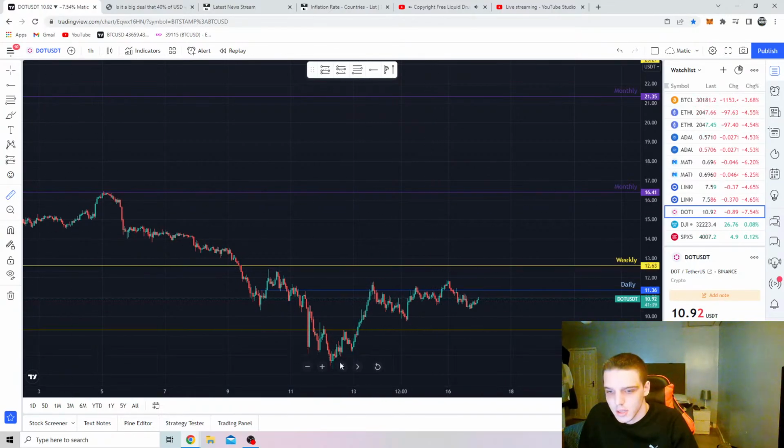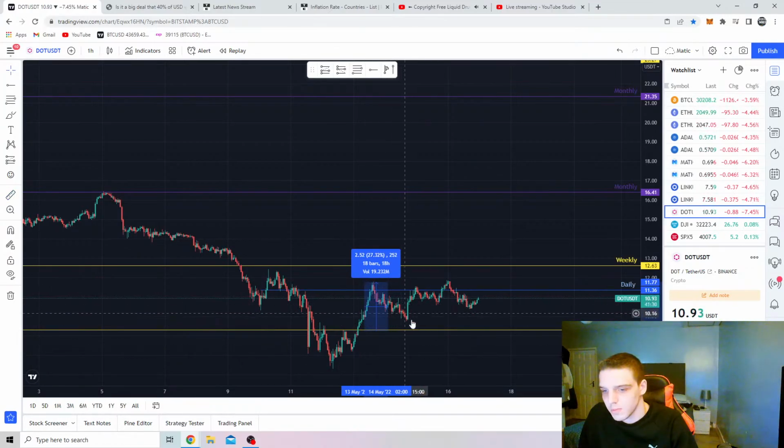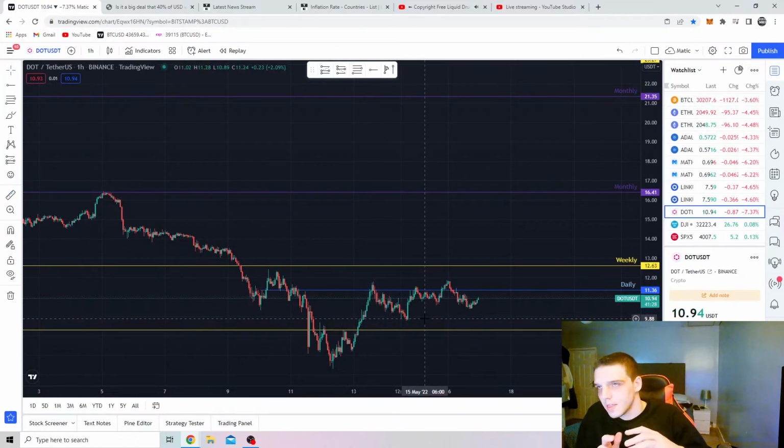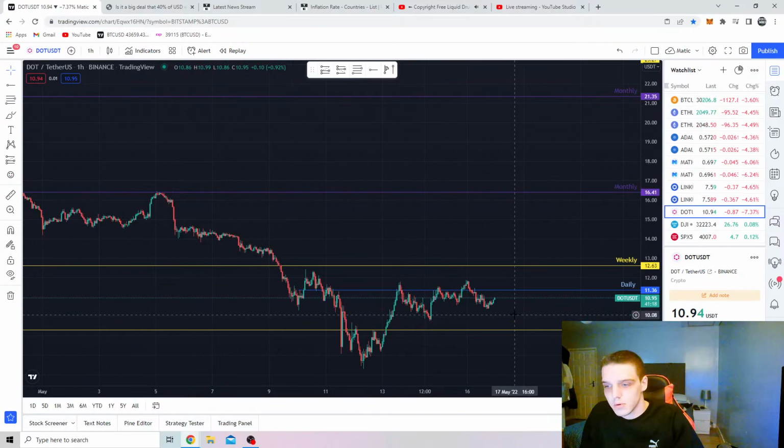Just look down the bottom, once we reclaimed that weekly level, look at the growth, 28%. Obviously we've come back down, but Bitcoin's correlated with stocks, and altcoins are correlated with Bitcoin and Ethereum. So you have to look at all of these little things to get an idea.